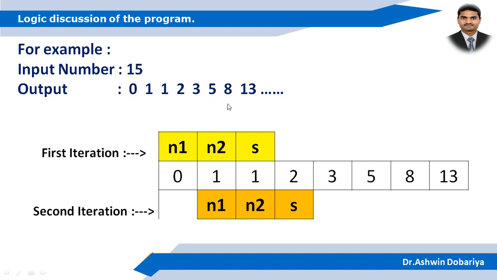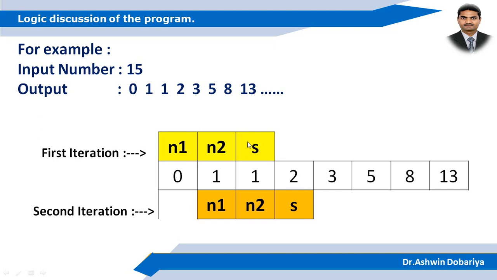When you think about the logic and write the numbers in that way, you make groups of 3 numbers. If we make the group of the first 3 digits like 0, 1, 1, and think in terms of variables, how many variables do we require? Definitely 3 variables. The first number will be assigned to the n1 variable, and the second number will be assigned to the n2 variable.